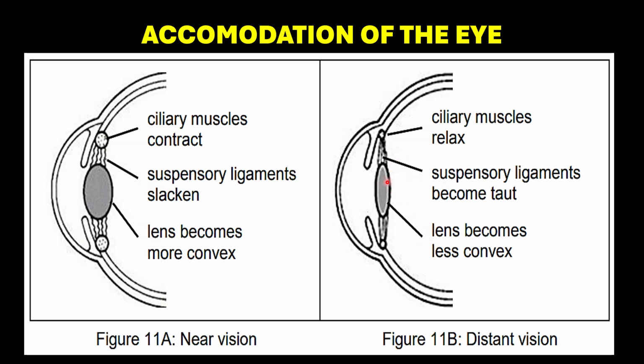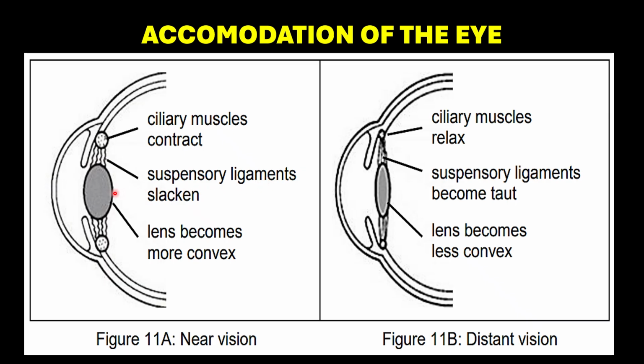The lens is directly in contact with the suspensory ligament. And over here, if you're looking at a distant object, for the lens to become less convex, the suspensory ligament becomes taut, because the suspensory ligament is not made of muscle. But if you're looking at a near vision, for the lens to become more convex, you can see here again the lens is directly in contact with the suspensory ligament.